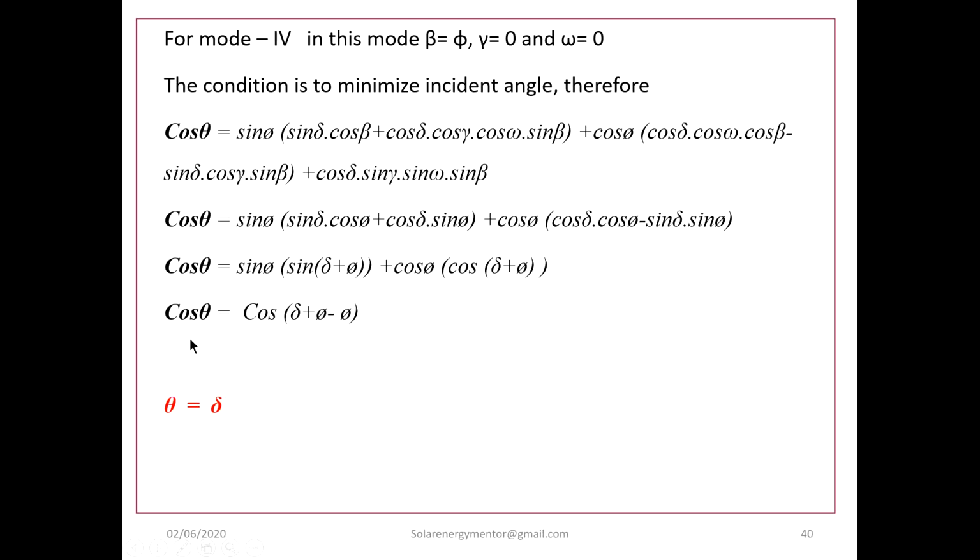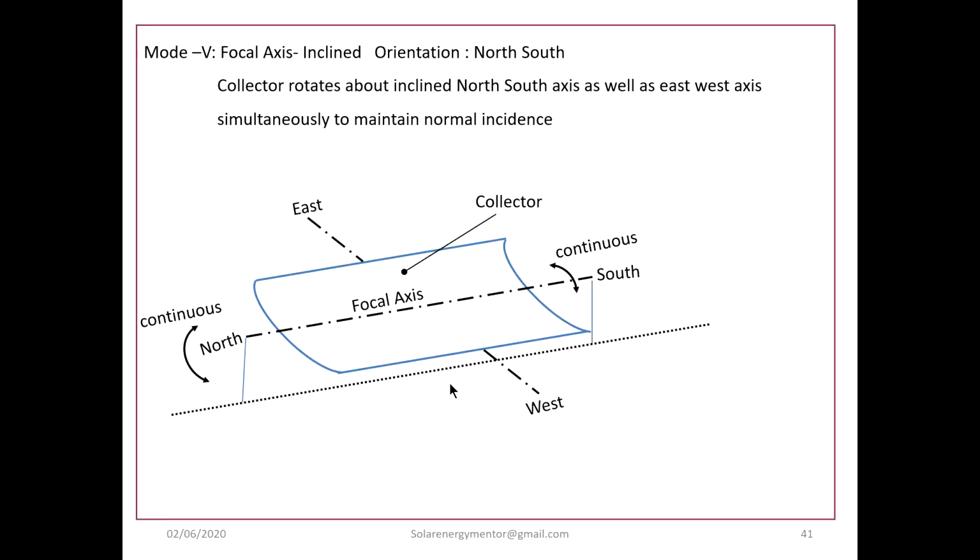So phi gets cancelled and theta becomes equal to delta. The incident angle becomes equal to the declination of the sun on that day. So this is mode 4 tracking, where there is a quantum increase in the solar radiation input.